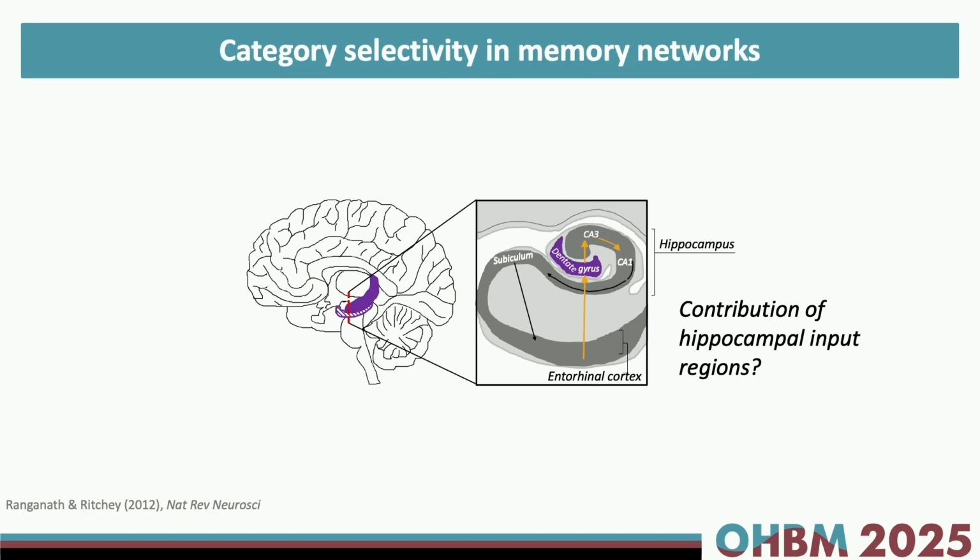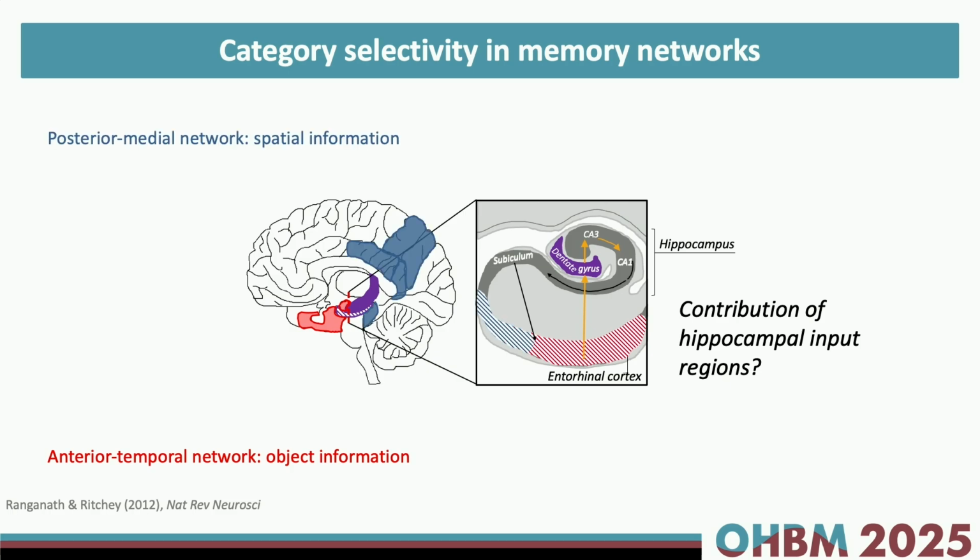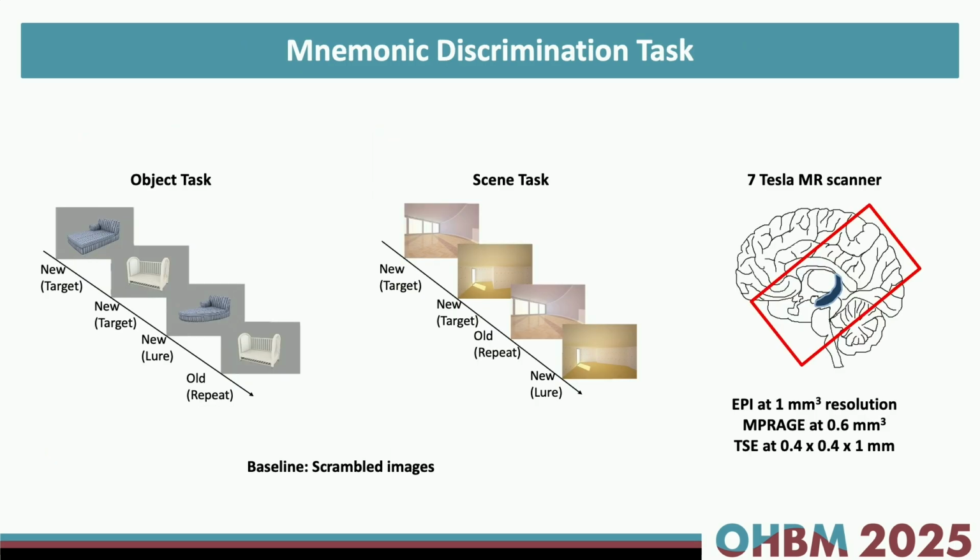Another question is that, of course, the hippocampus receives a lot of different cortical inputs. And these inputs are coming from different brain networks that have been identified as having different selectivity profiles towards object and scene information. So what we did is we used a mnemonic discrimination task, which is often used to get at pattern separation.